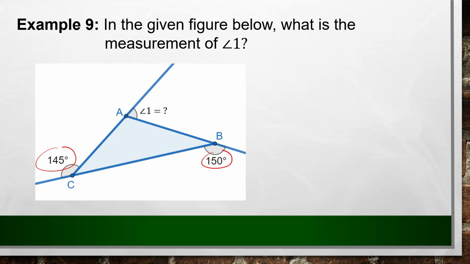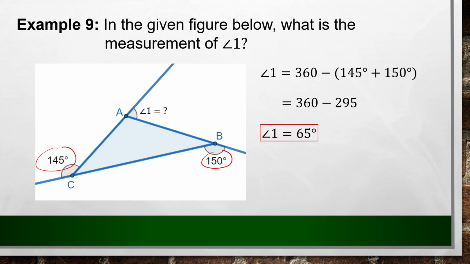So we will use that information earlier to solve this one. If we add angle 1 and these 2 exterior angles, the answer will be 360. So what we will do is reverse: 360 minus the sum of those two. So that would be 360 minus 295, which is the sum of 145 and 150. So angle 1 is 65 degrees.